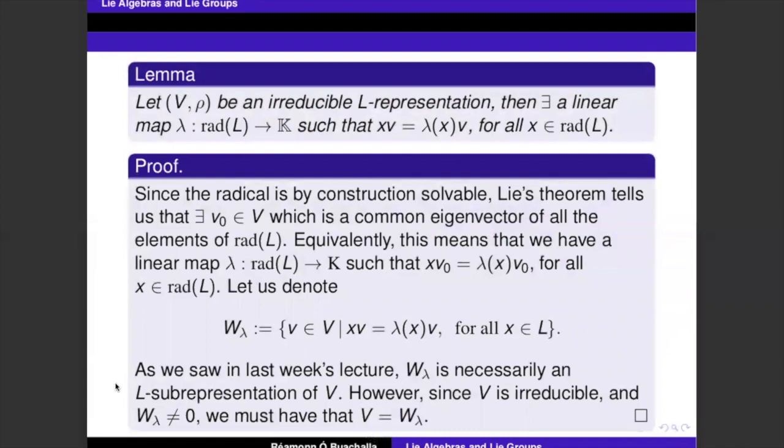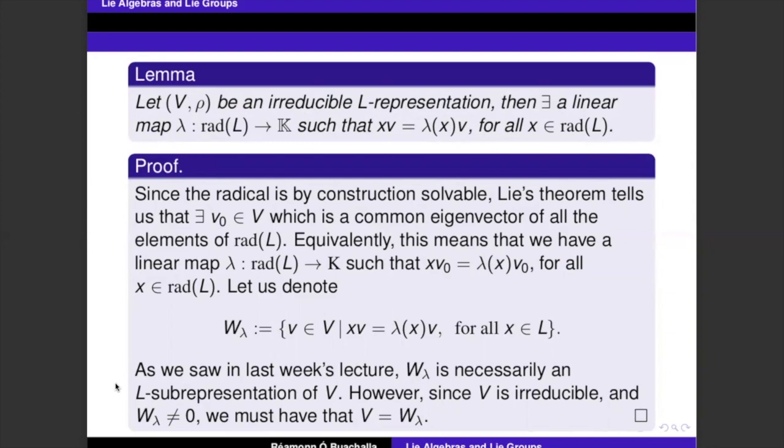Okay. So now let's prove our first result. What we're going to do here is go back and use one of the results that we proved in last week's lecture, in the previous lecture. Okay, so let V, rho be an irreducible L representation, irreducible in the sense we just defined. Then we claim that there exists a linear map lambda from the radical of L to the field K over which we're working, such that any element x in the radical acts as multiplication by lambda of x.